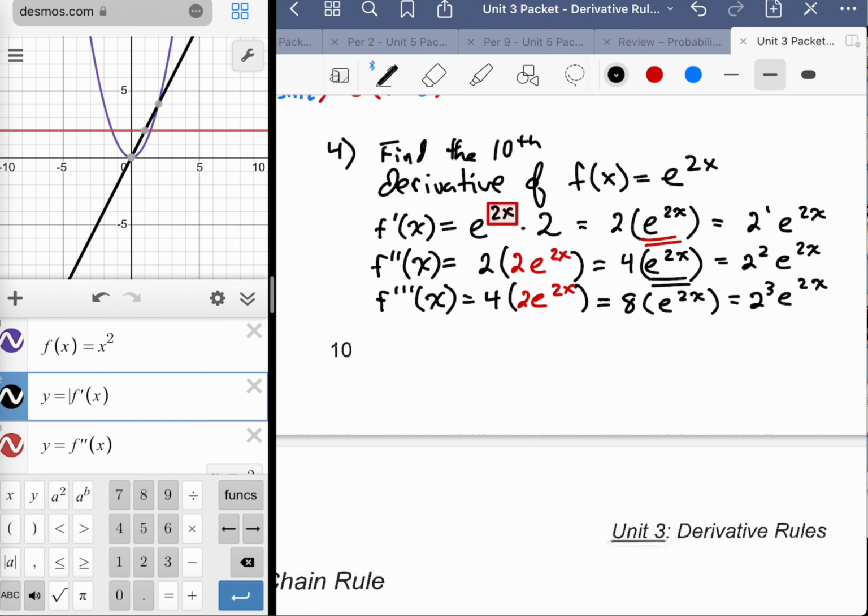Everything remains the same with the exception of the power of 2, and that power of 2 seems to be consistent with the level of the derivative. So when they ask me to determine the 10th derivative, it's going to be 2 to the 10th e to the 2x, just by making that pattern recognition.